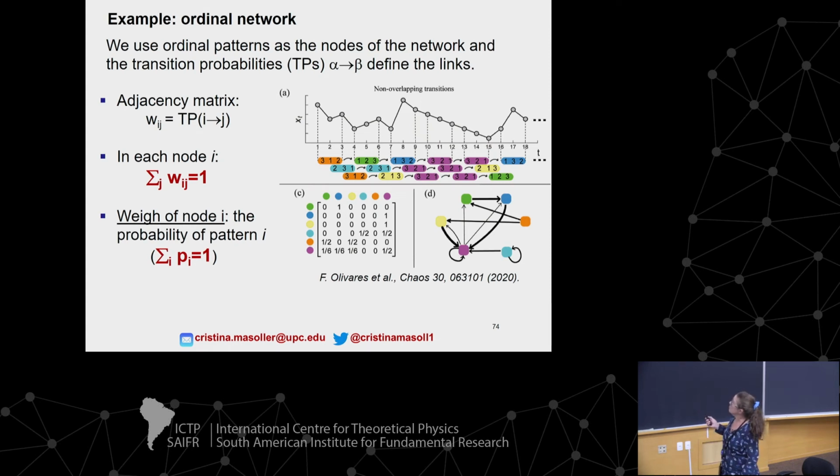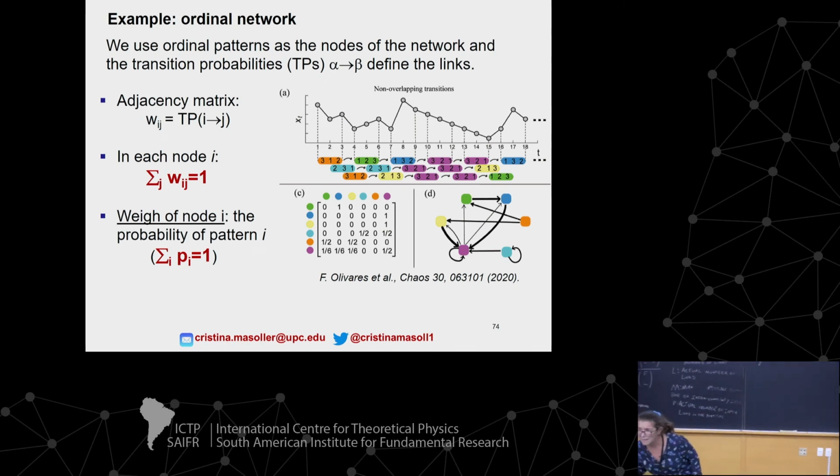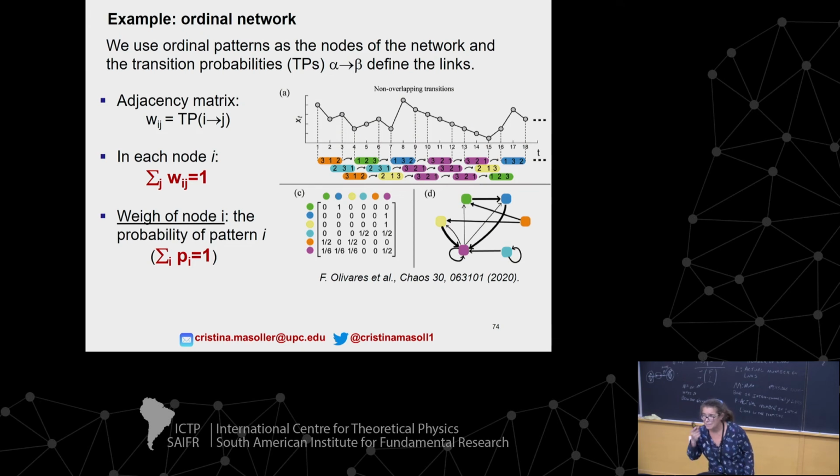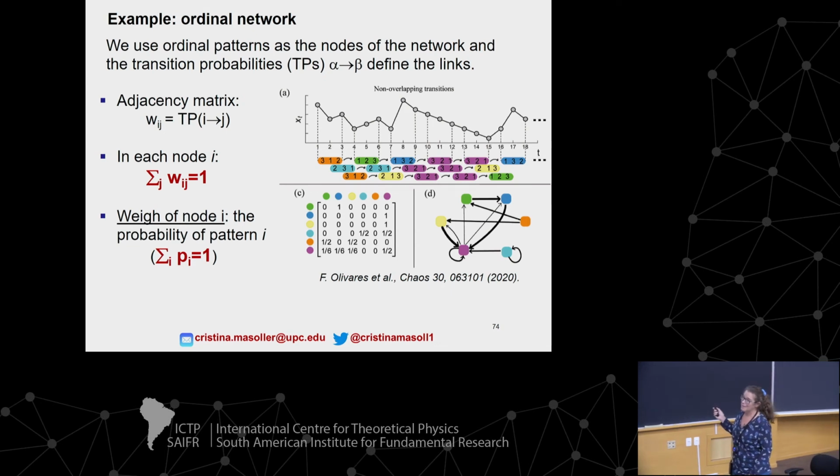How hard is it to compare networks from the same time series by using different lengths of D? Of course, you get different sizes. Because here it is only 6, but if I use D equal to 4, I will have 24 nodes, and 24 times 24 transition probabilities.